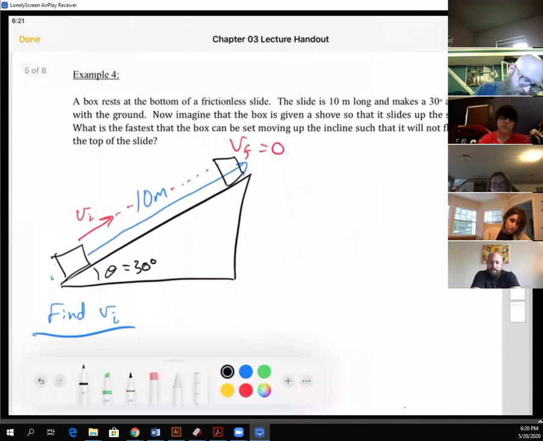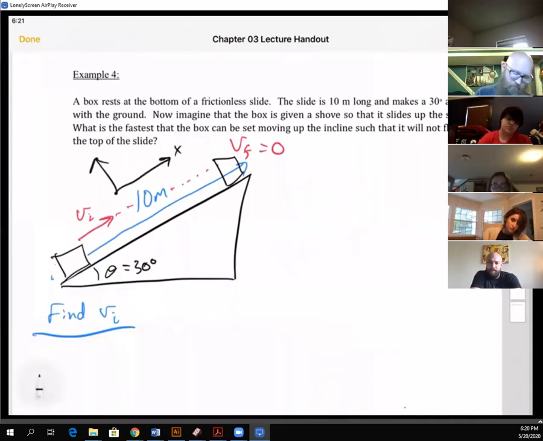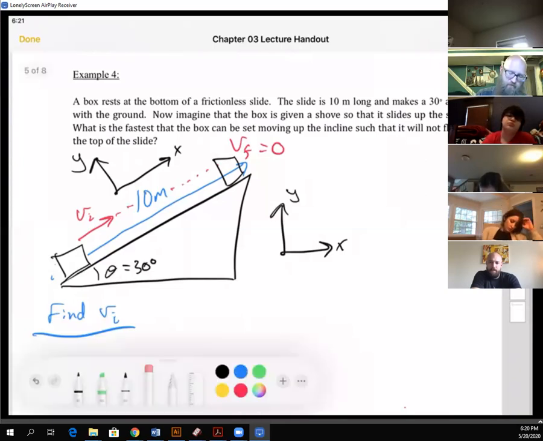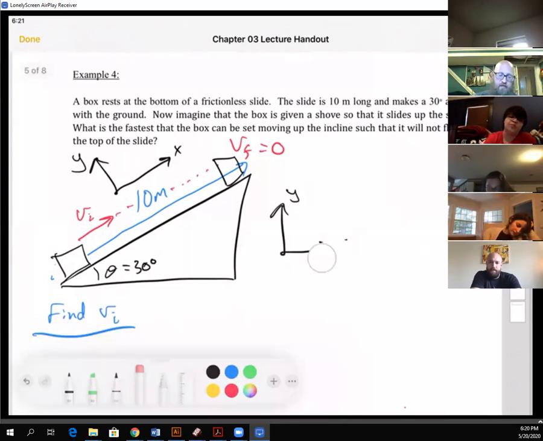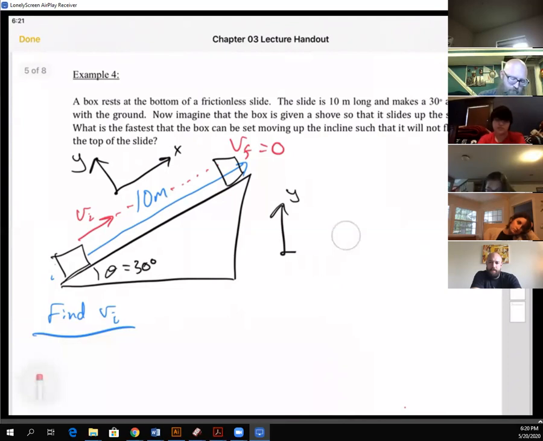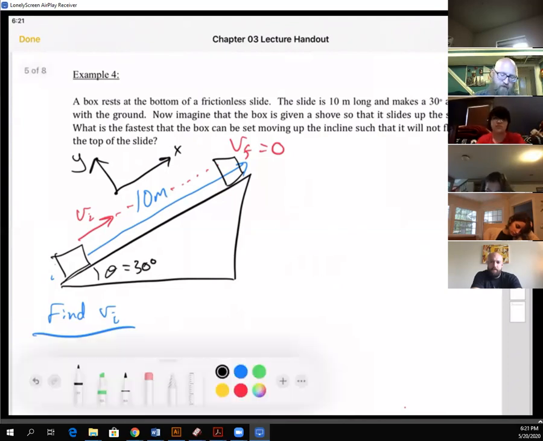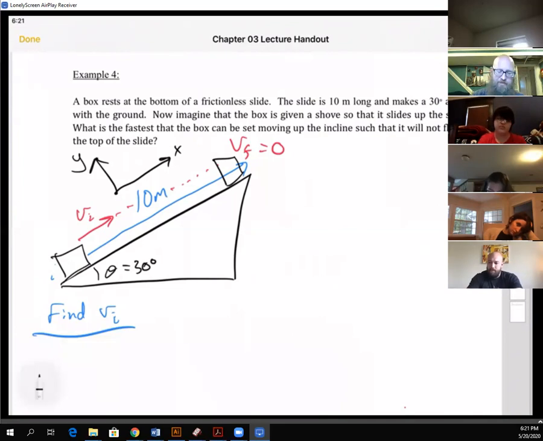I'm going to call this X and this Y. There's nothing wrong with setting up axes that look like this, but there's something right about setting up the tilted axes. There's a benefit that makes the math easier, because then this is a 1D problem. The answer to the problem can't depend on what we choose our axes to be, but the difficulty of the problem might. That's what we're doing here, toying with the difficulty of the problem.